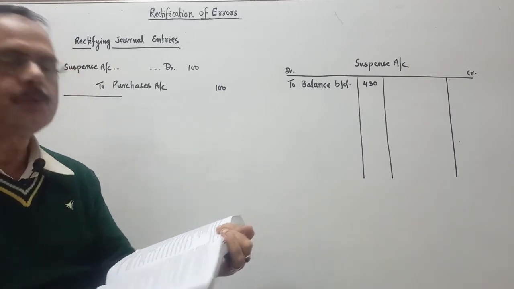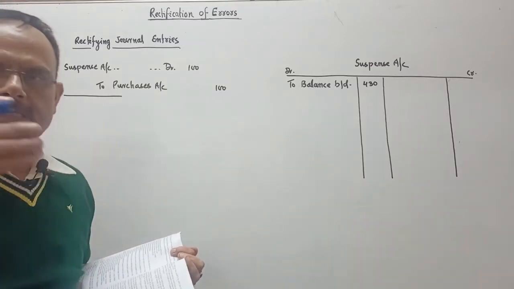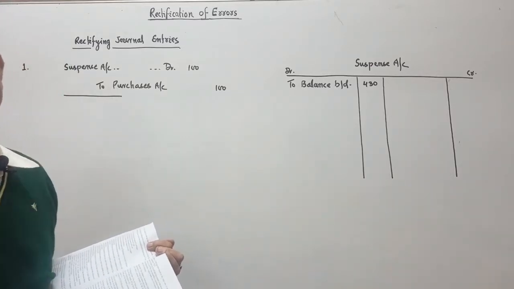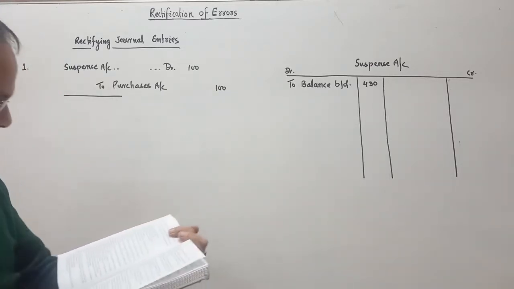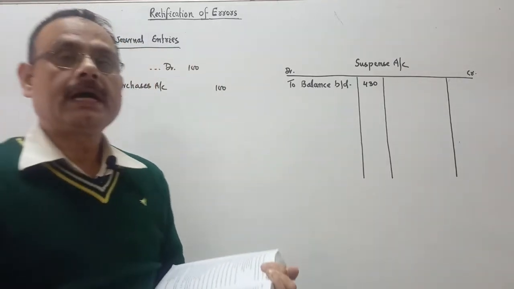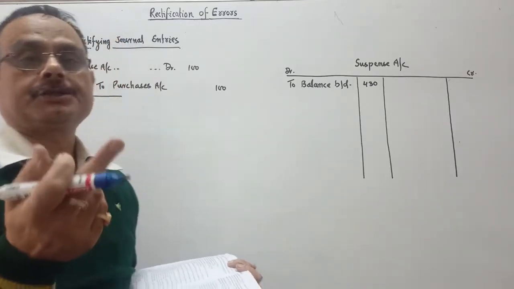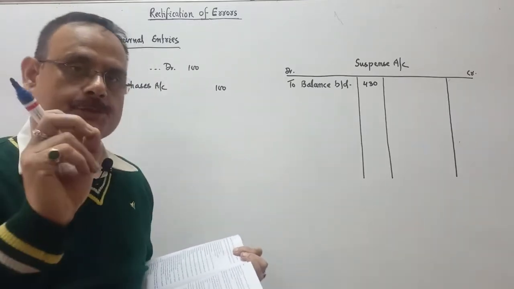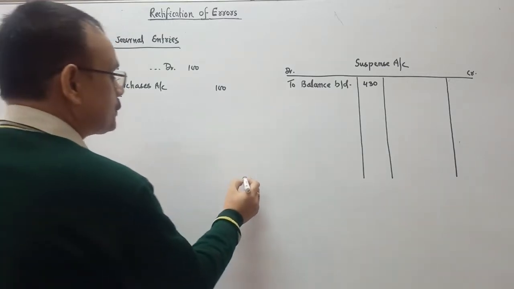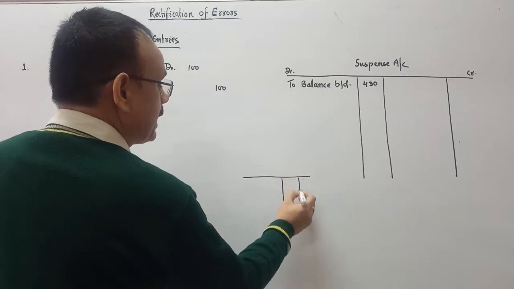Second is sales book was overcast. You know the sales book total is transferred to which account? Sales book was overcast by rupees 1000. The total of the sales book is transferred to sales account. Now see the effect of that in the trial balance.